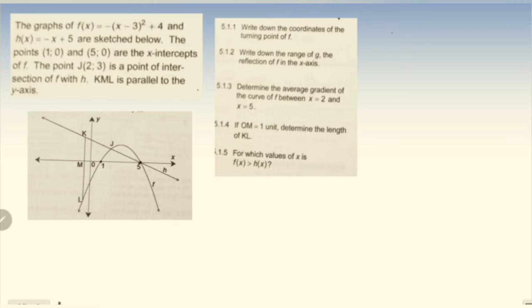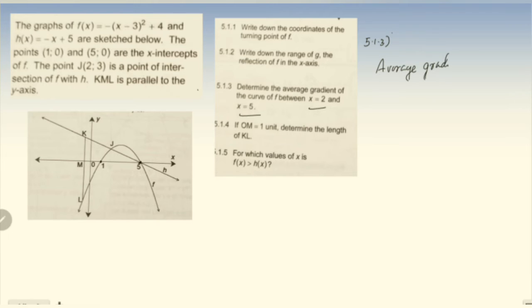The question says, determine the average gradient of the curve between 2 points whose x values are given. What are the x values? 2 and 5. So average gradient, that is 5.1.3. It's a very simple thing to calculate.